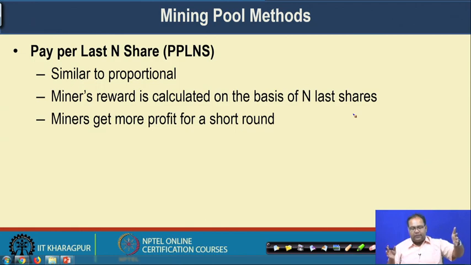So, among the last n shares, how many shares were obtained by a particular miner, and that way the miner gets more profit. If your round is short, that means if you can quickly find a new block, you will get more share in this pay per last n shares method.